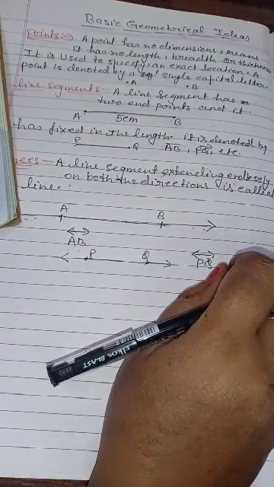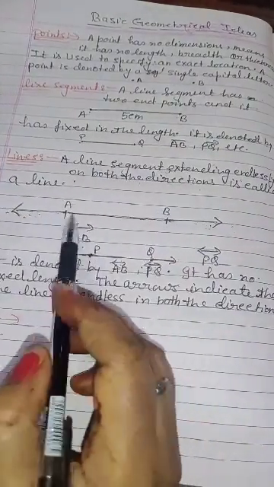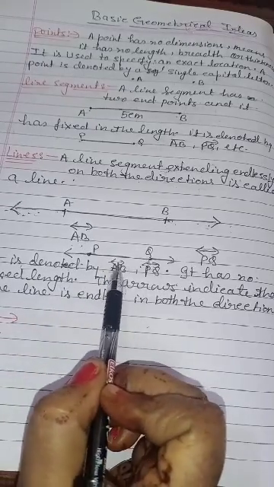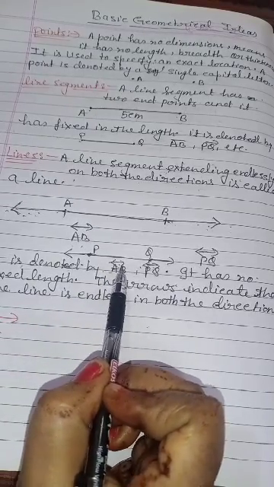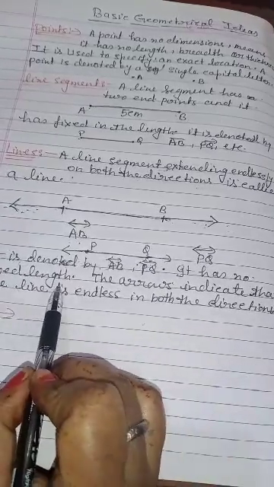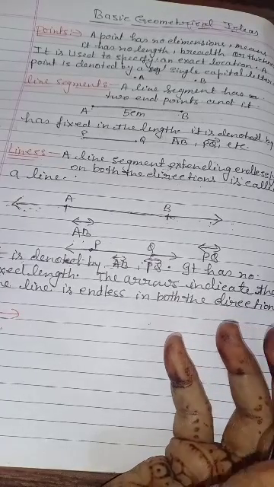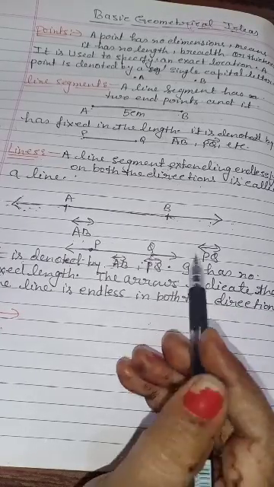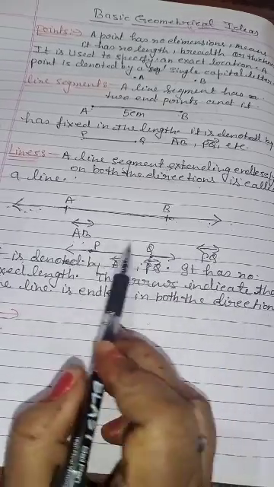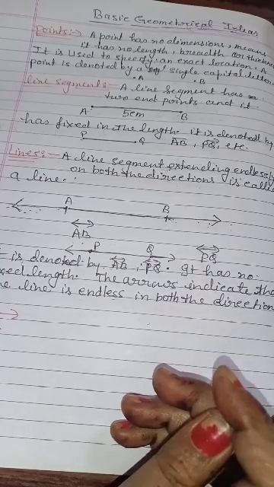It is denoted by AB with arrows on both sides, as you can see here, or PQ, because I have drawn AB or PQ. It has no fixed length. Its length will not be fixed, because if we can extend it in both directions, how can it be of fixed length? The arrows indicate that the line is endless in both directions. It means the line is endless. It depends on us how much we extend it.